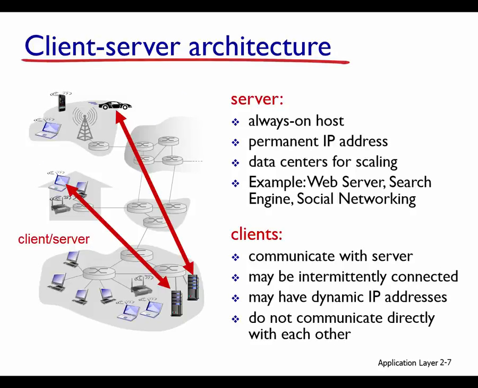In a client-server architecture, which I assume pretty much everyone is familiar with, we have a server that is always on, always available, whether it's one physical server or multiple servers, which we're going to get into later on, especially when we talk about enterprise computing. There's some sort of permanent IP address, or more likely a permanent host name, that a client knows how to get to that server.